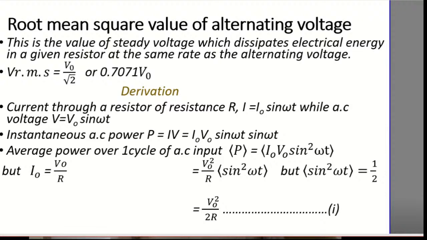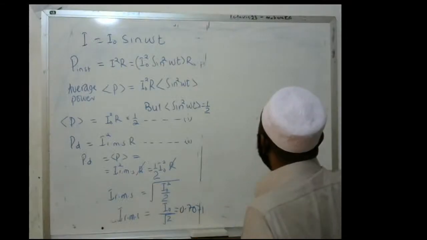The derivation is almost similar. The only difference in this case is that we are going to be eliminating the current aspect. And then we say that generally what is known is that power is equal to IV.